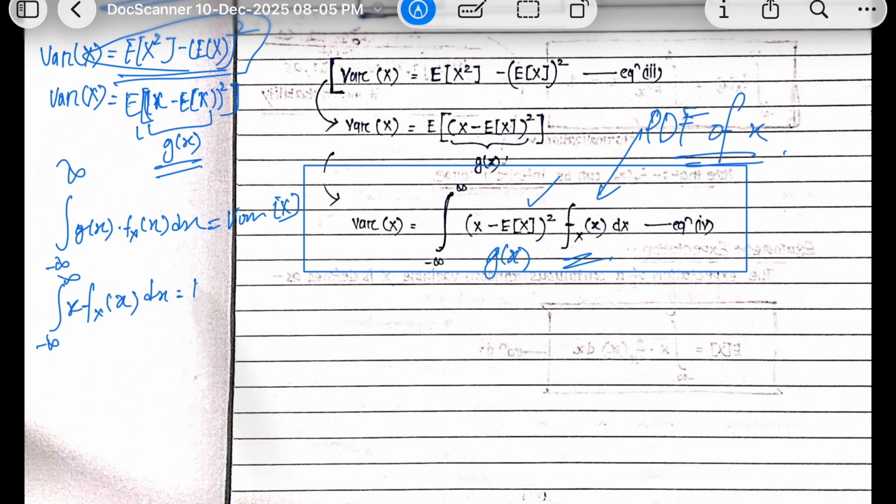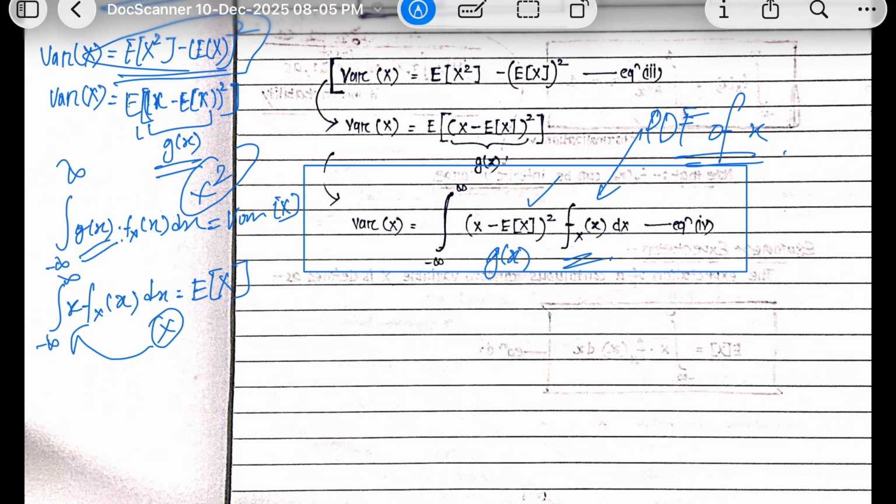This is the expectation of x. We have done g of x here because we need to find the x square thing, but here we don't need x square, here x is enough.